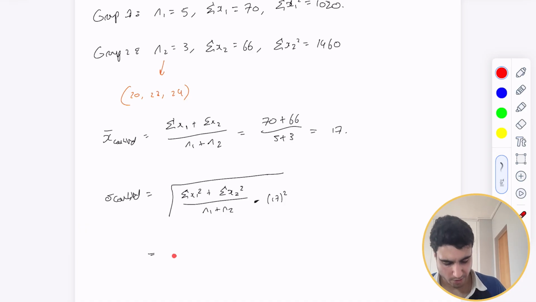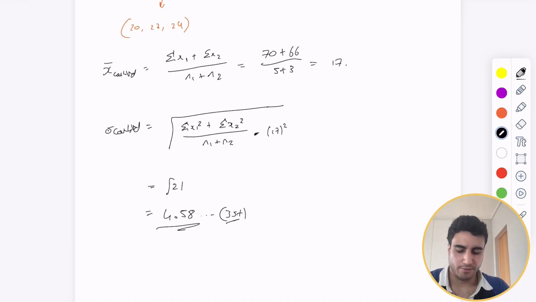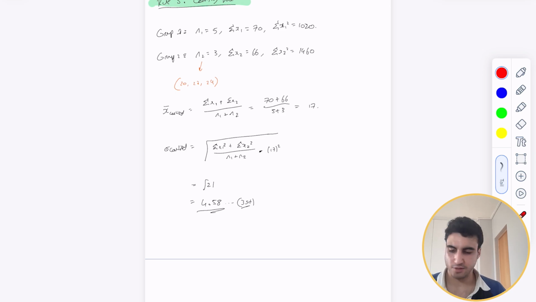That's going to give us root 21, which gives us standard deviation of 4.58, okay, to 3 significant figures. Okay, brilliant. So we've got that perfect. All you have to do here was really just work out the totals for each side and go from there.